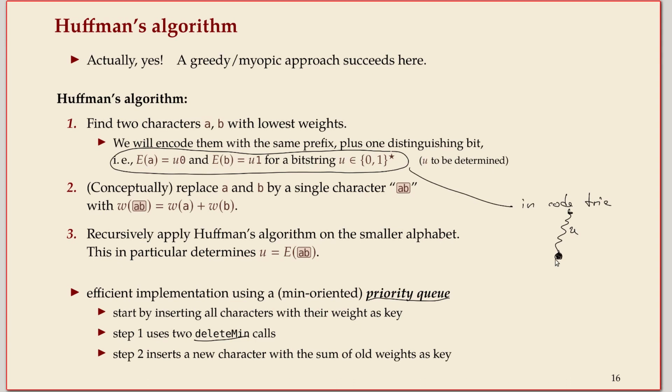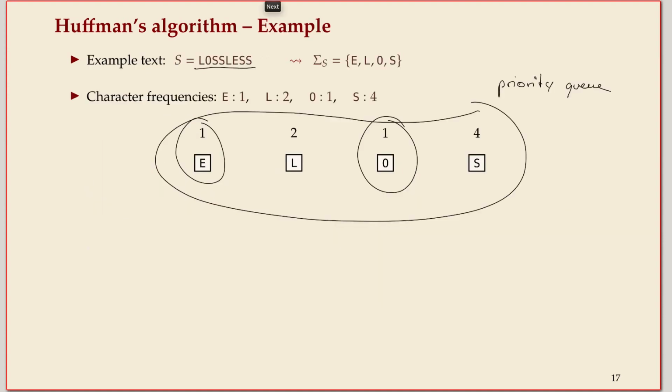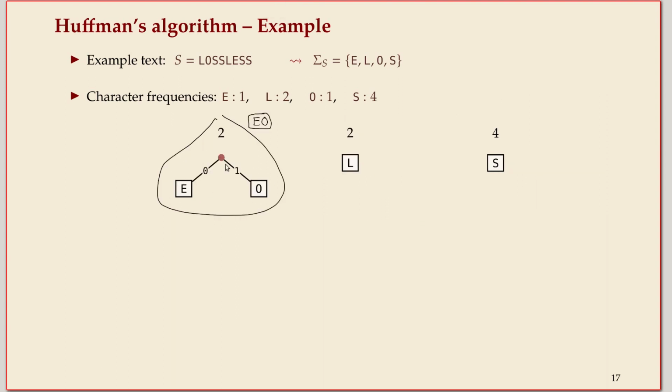But we know that this part of the tree has this shape. So we might as well build this subtree and keep it as just an isolated subtree without knowing where in the final tree it will end up. And that's what this algorithm does. It combines those two in exactly that way and keeps this as a subtree.